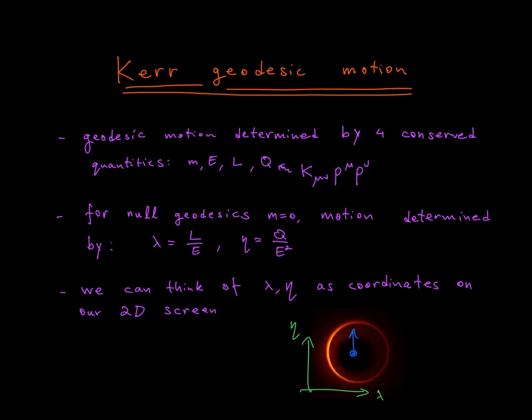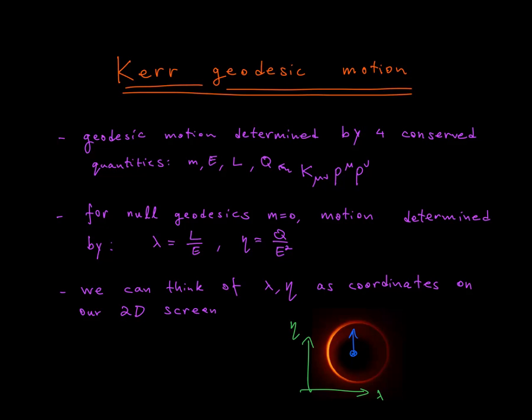And we can think of these as coordinates on a screen. This picture here is a screen with 2 coordinates, eta and lambda. Sometimes it's very useful to think in this way. They're not exactly the Cartesian coordinates on the screen, but they're pretty simply related to the Bardeen coordinates, which are exactly the Cartesian coordinates on the screen.